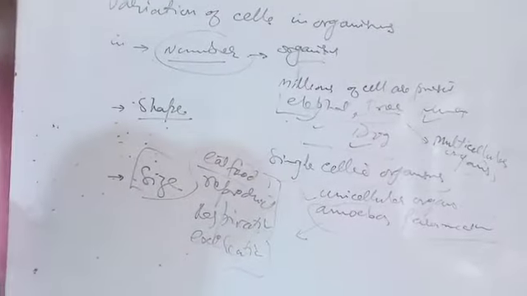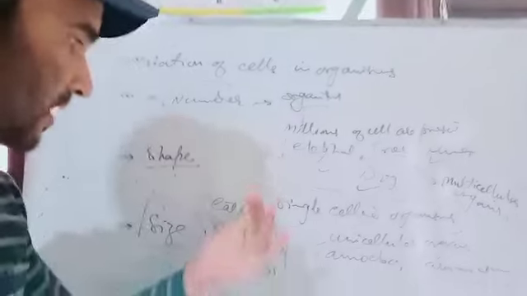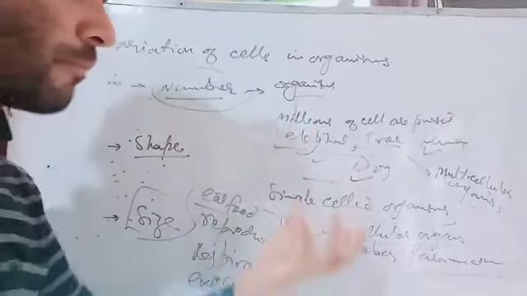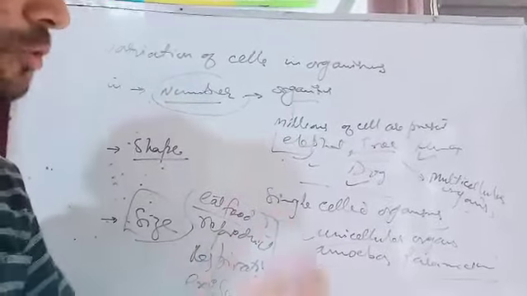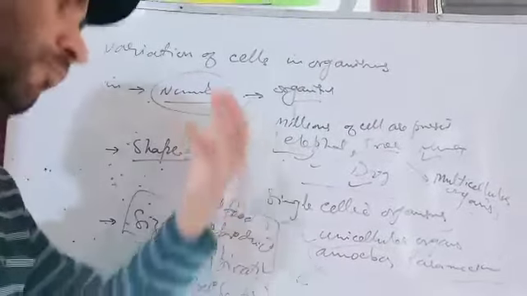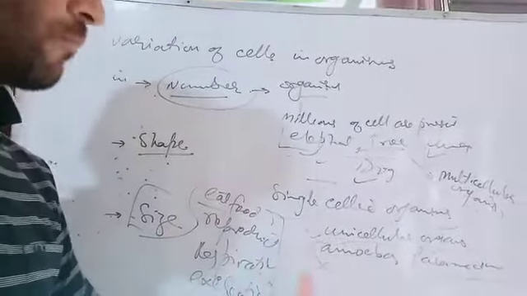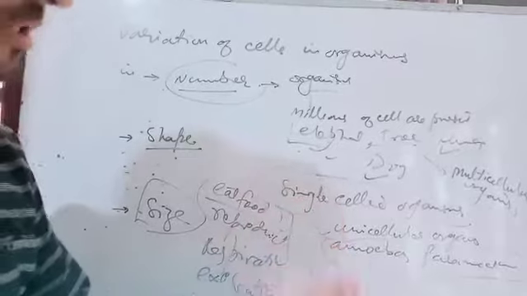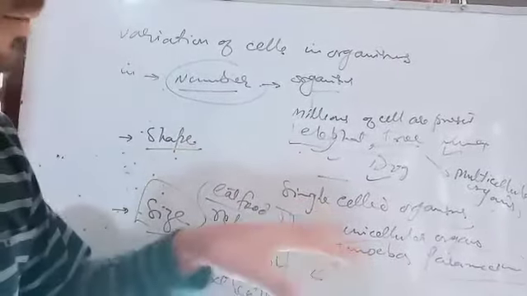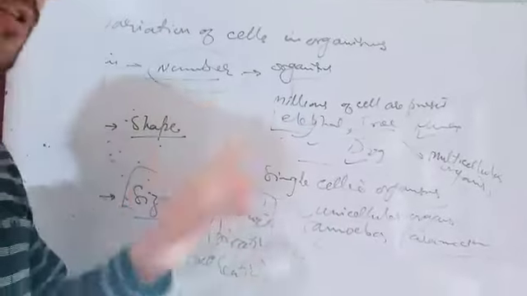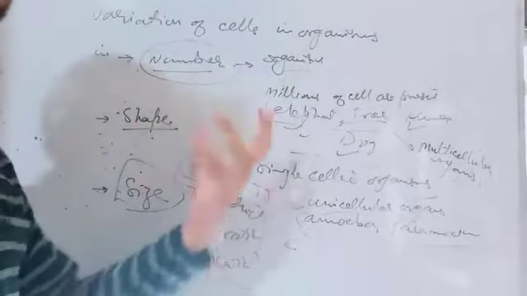That means there is no difference in the performing of these functions in unicellular and multicellular organisms, because both are living organisms, and both perform these important functions so that they can live in this world. But there is a little difference in the performing of these functions.